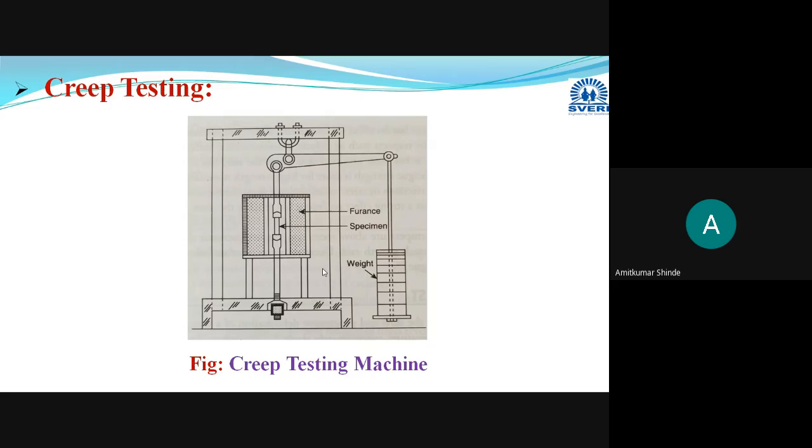The test will be completed when the fracture occurs in that material, and the stress value where that fracture occurs, or the maximum amount of stress that material can withstand without fracture or rupture, will be termed the creep rupture strength.